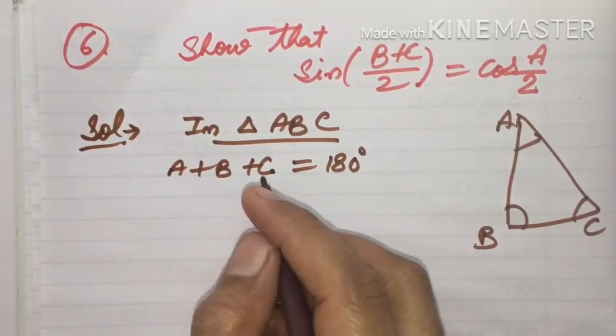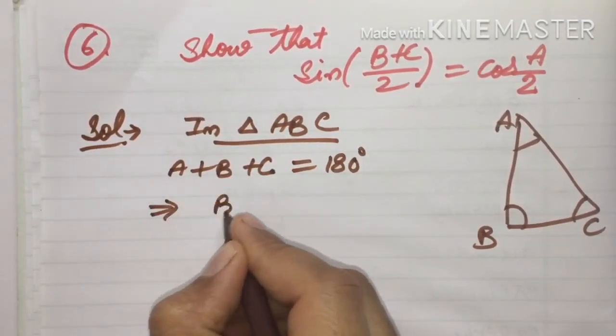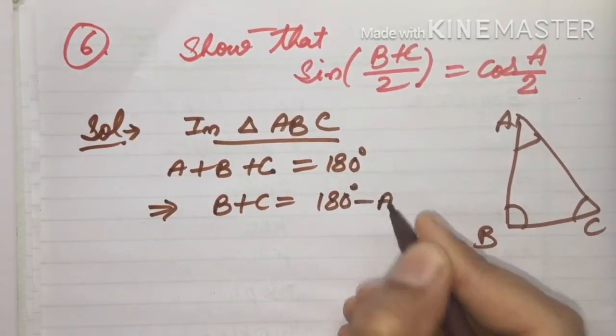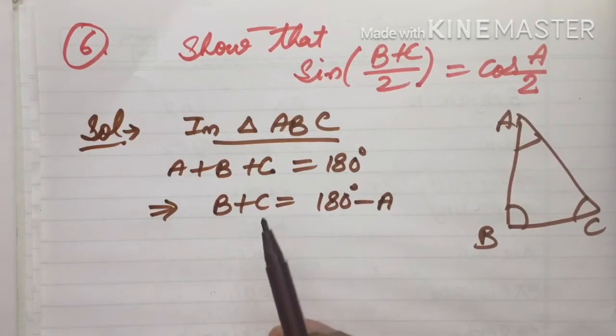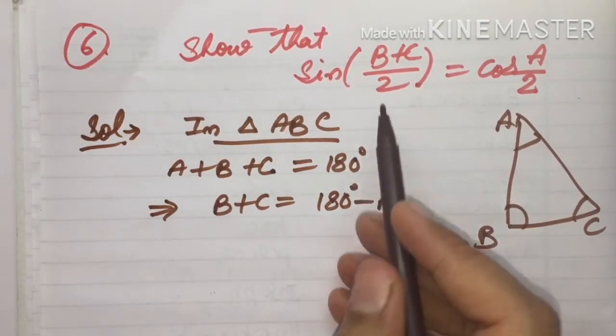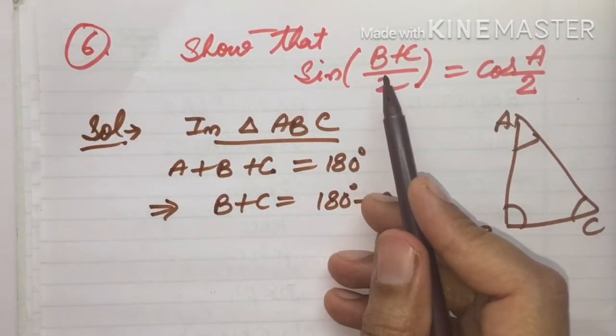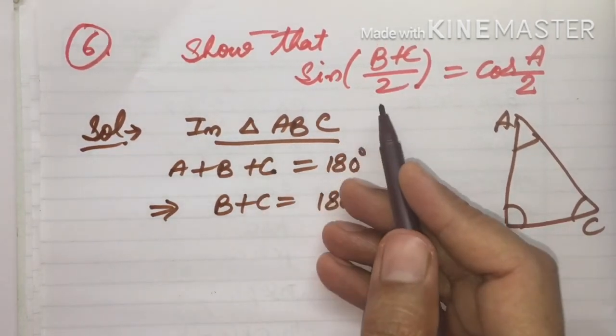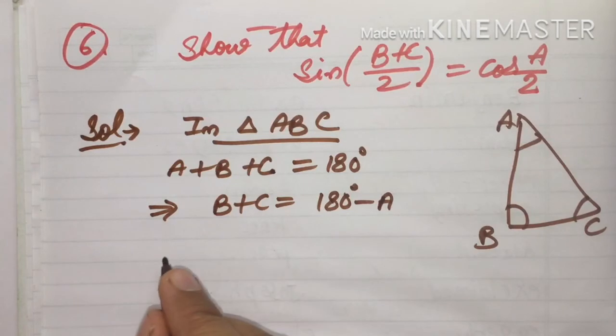So how can we rewrite this? B plus C is equal to 180 degree minus A. So why have we sent A to the right hand side? Because in the question B plus C on the left side is given. So we can use this B plus C value on the left hand side.